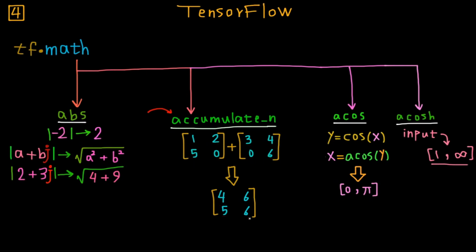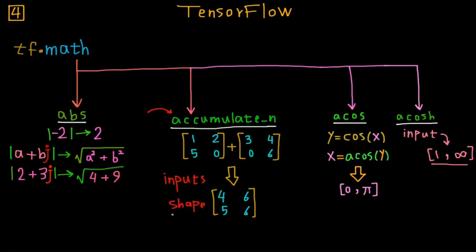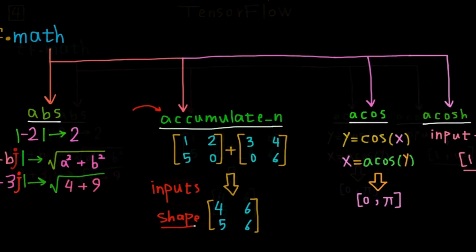The last thing you should know is that there are 4 arguments in accumulate n function. The first one is inputs argument, which is a list of tensor objects, each with the same shape and type. The second argument, shape, is an expected shape of elements of inputs. It is an optional argument.